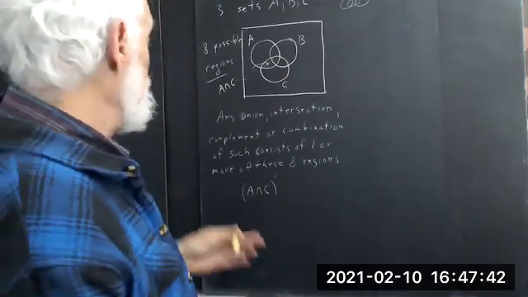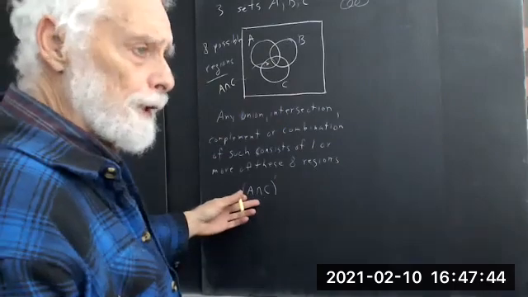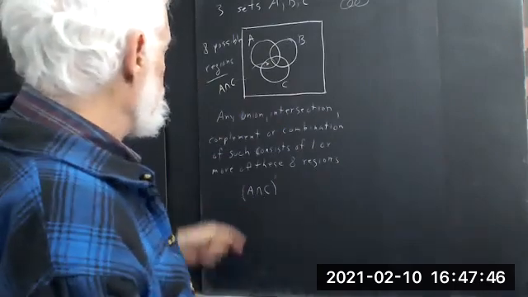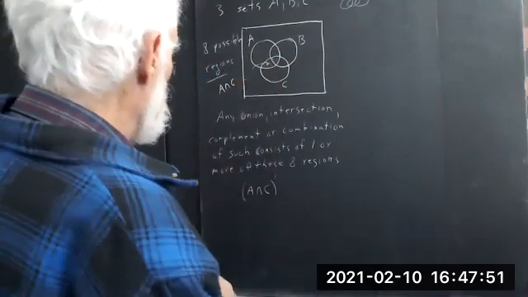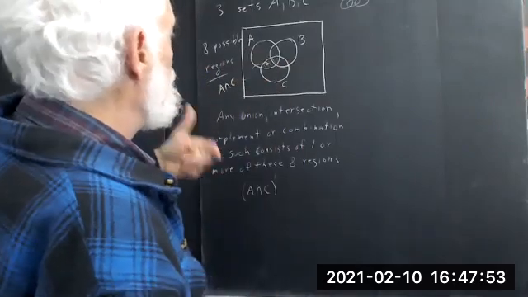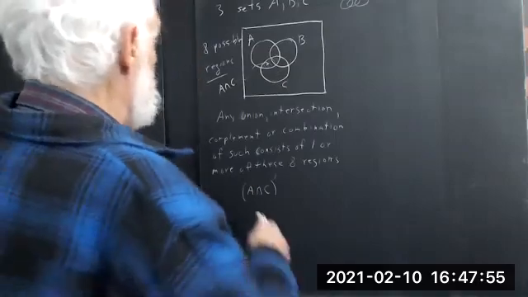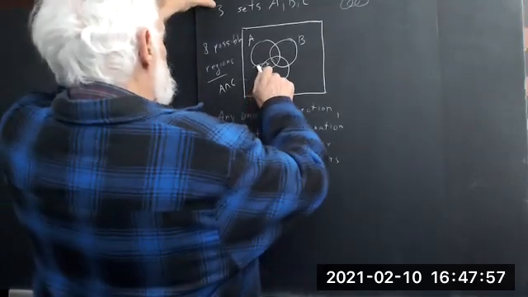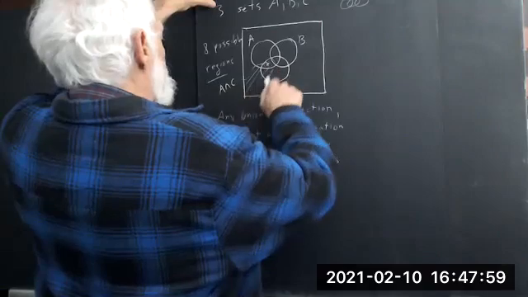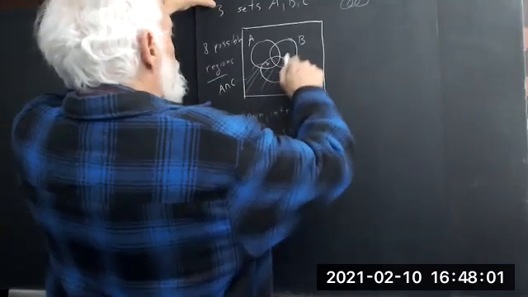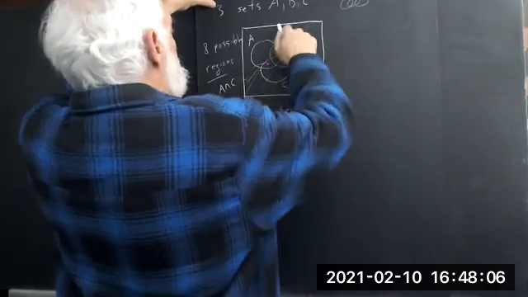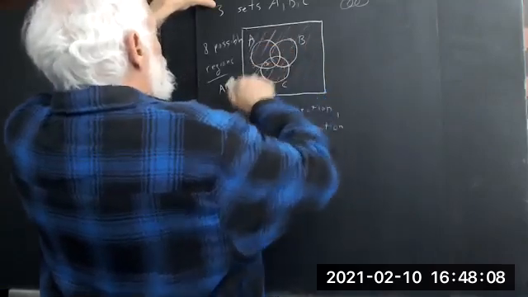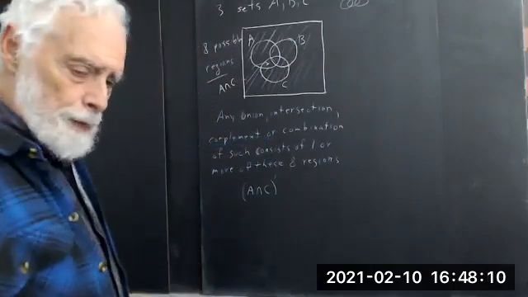A intersection C prime is going to consist of everything that's not in A intersection C. So A intersection C consists of these two regions of the Venn diagram. A intersection C prime consists of all the rest of the diagram. So we could shade that by just shading every region except those in A intersection C.